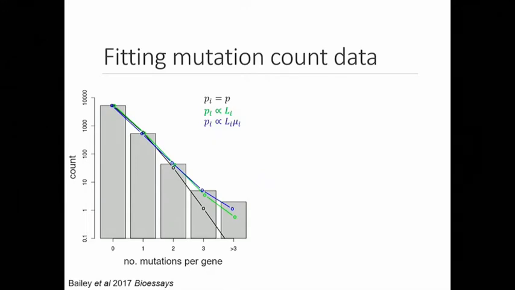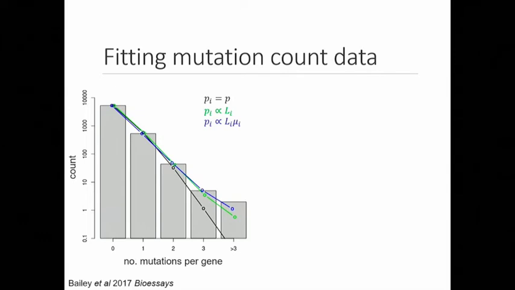The longer the gene, the more mutations you tend to accumulate. That's not a surprising result, but it comes out, so we put that into the model. We know what the length of each of those genes is, and that helps to describe some of that variation in the data here.